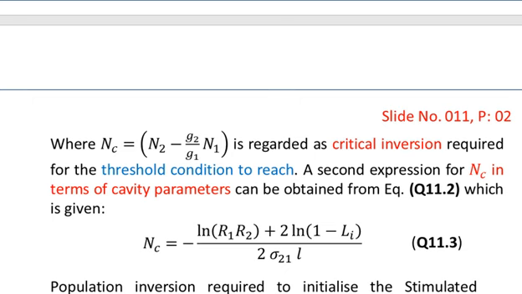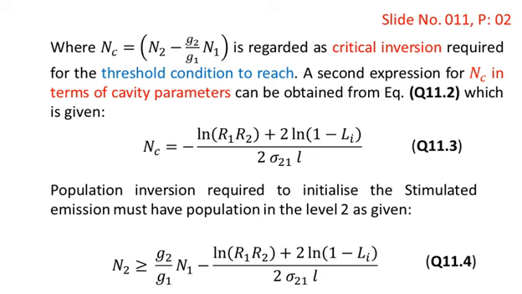A second expression for Nc in terms of the cavity parameters can be obtained from equation 11.2, which is given by this. So this is Nc, which is equal to minus, and then in the numerator we have log of R1 times R2 plus 2 times log of (1 minus Li), divided by 2 sigma 21 times L. So actually we have solved for this factor.